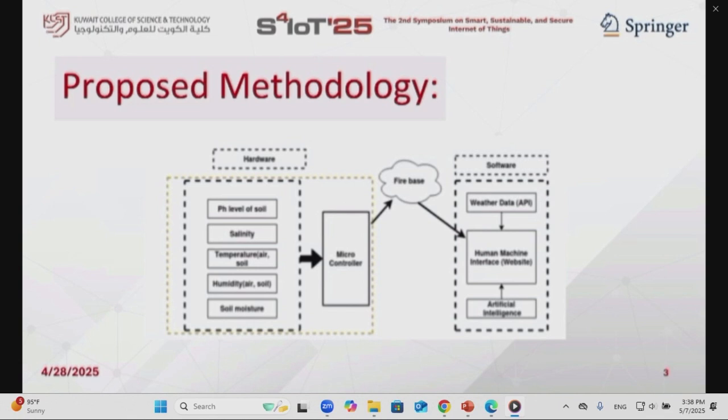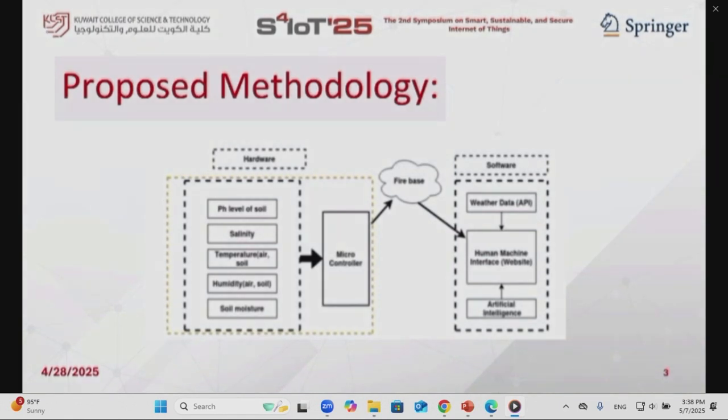These two parts are then connected with a Firebase cloud system. Here we are using AWS, so we are able to use all those cloud services. This is the method proposed in our project.